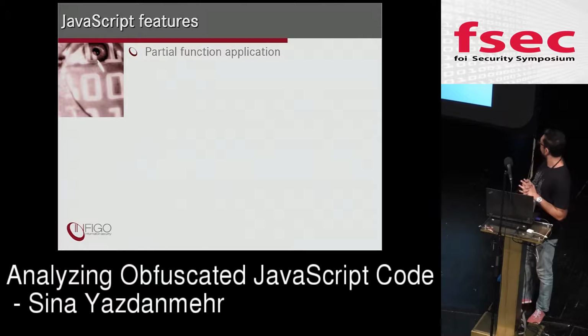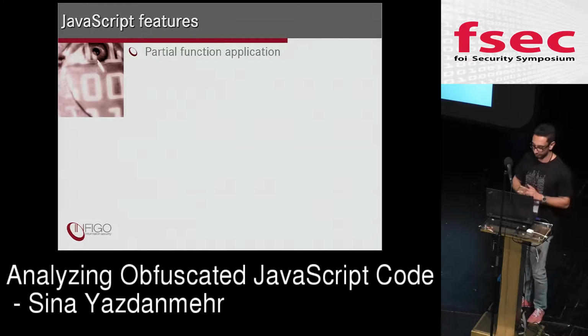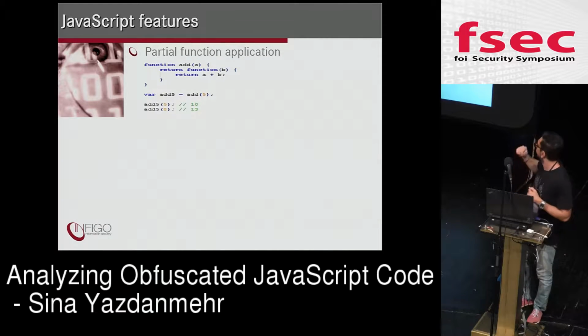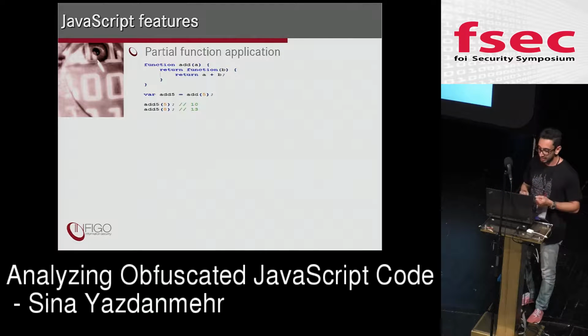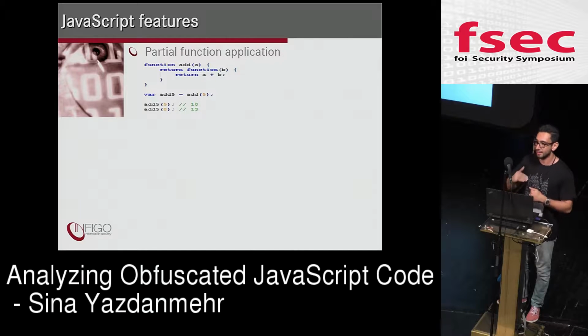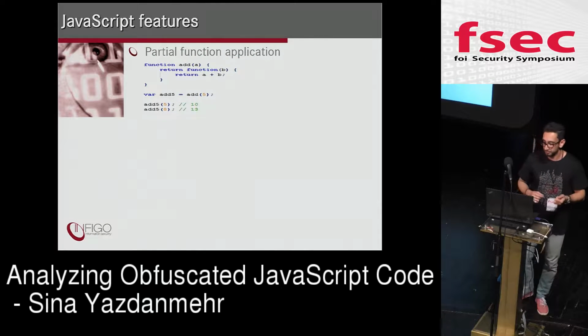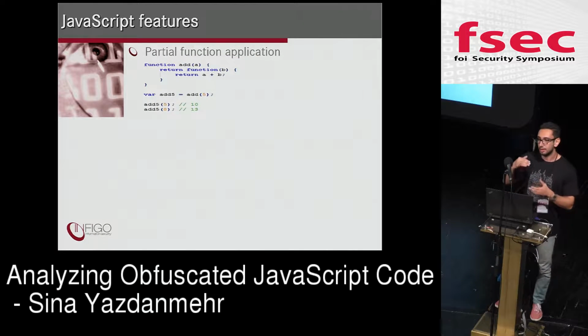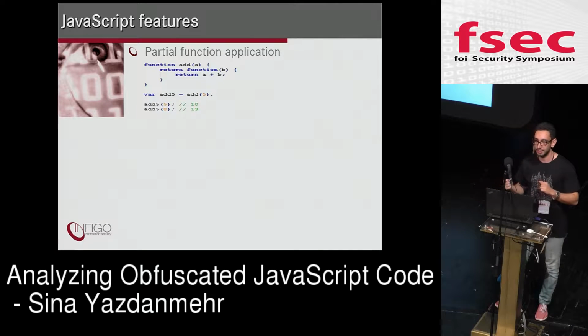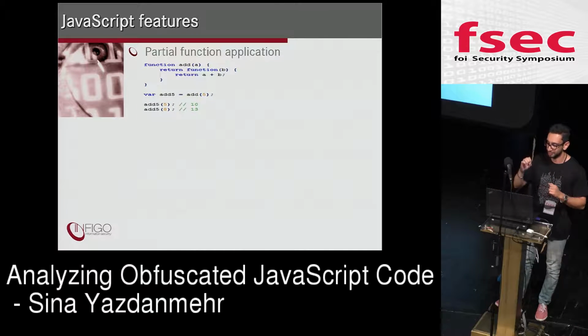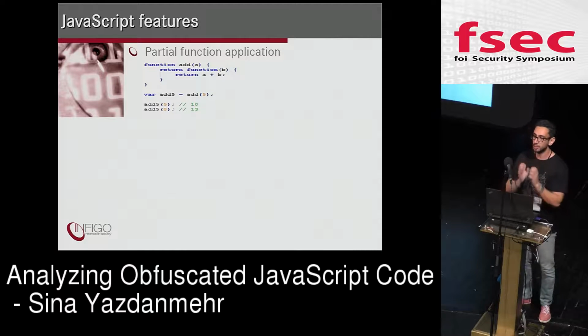With this ability, we have partial function application. What does it mean? As you can see, function add returns a new function as a result, and the first function add requires A as an input. The returned function requires another input, which is called B. So you can use the first-class citizen ability to pass, in this example, 5 to the function.